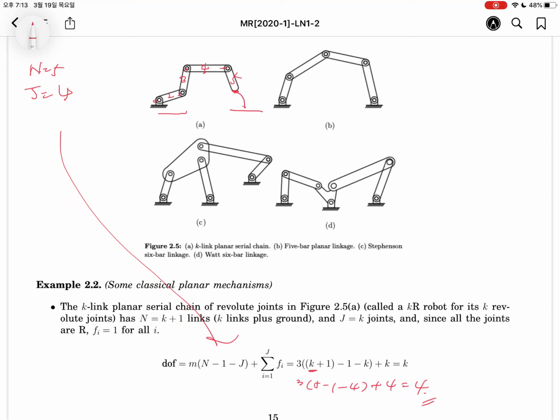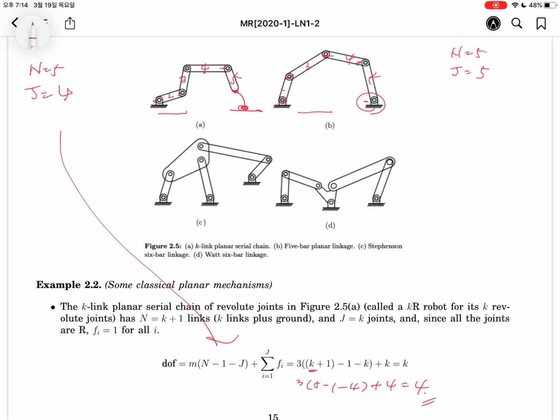Okay, the end point is attached to the ground like this. At that time, we have a closure. It is not an open chain, it is a closed chain. Okay, let's count the number of links: 1, 2, 3, 4, 5. So the number of links is 5. And how about the joints? The number of joints: 1, 2, 3, 4, 5.